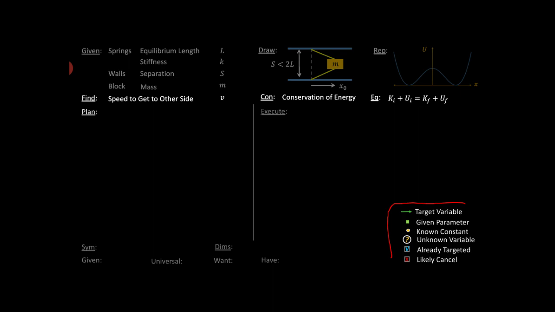So what I'd like to do is find V. So I've got to start by finding V. And as far as energy is concerned, you should use the definition of kinetic energy because V is in that kinetic energy. That's where it's going to show up, in this initial kinetic energy here.